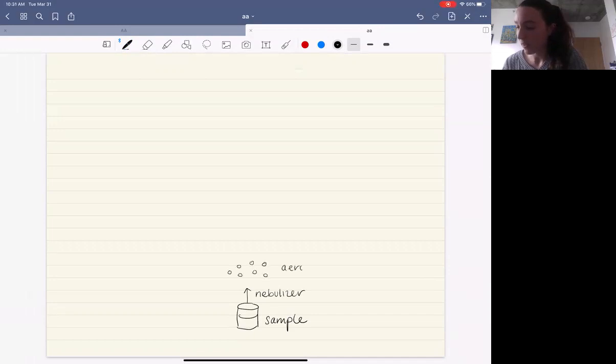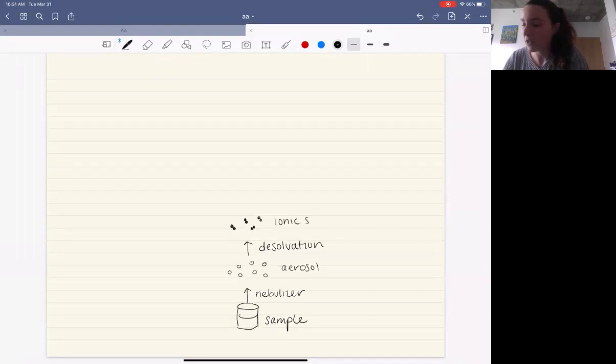Okay, aerosol. And next, the next few steps, essentially our aerosol has entered the flame of our AA, and this all happens because we're at high temperature. The next step is what's called desolvation. The heat helps to evaporate off all the solvent of those aerosols, and you're left with just ionic species for a brief moment.